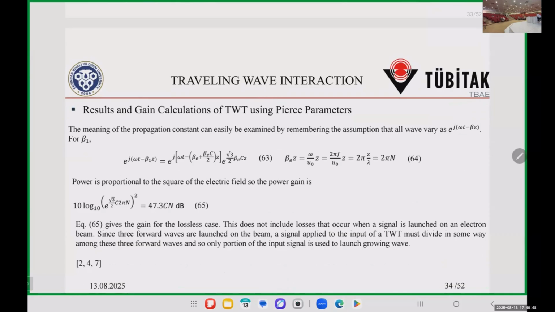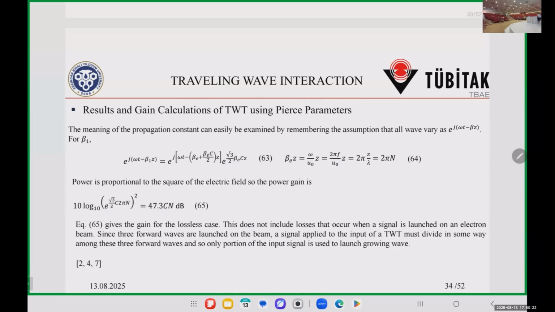So if we write this for beta 1, then we can obtain here equation 63, and if we substitute equation 64 into equation 63, then we can obtain here a power gain.